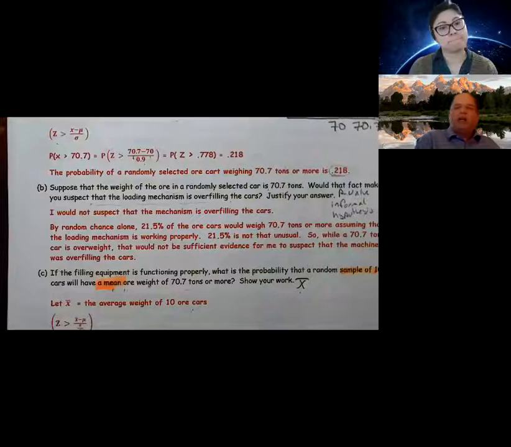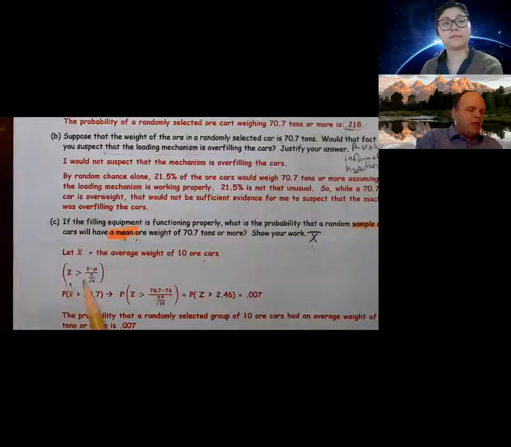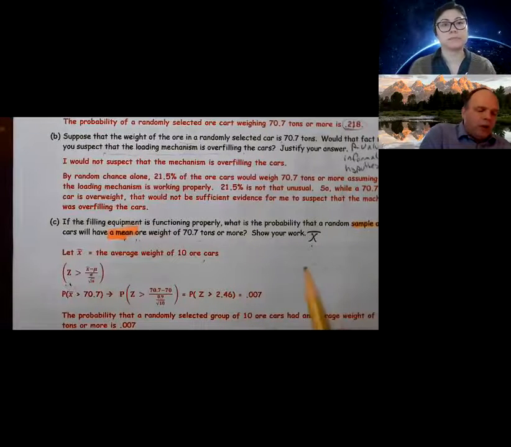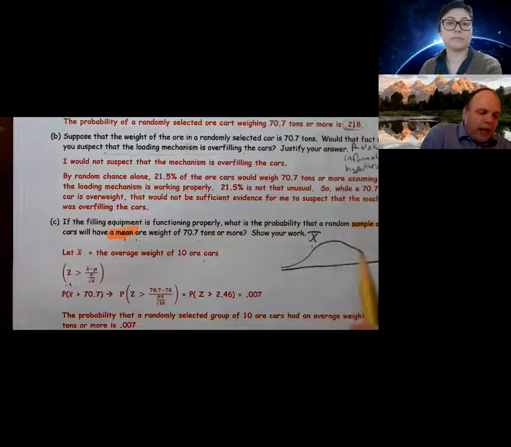And since we're working again with a normal, I write my equation, but now it's changed to be for the distribution of means, which is x bar minus mu, divided by sigma over the square root of n. Now I want to draw this picture, but it happens to be the same picture that I had earlier in part A with only one small adjustment. This is still a mean of 70.